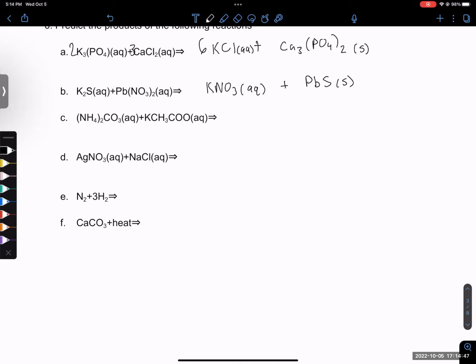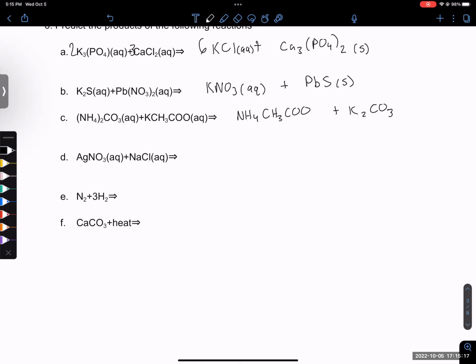Because the acetate is always soluble, and then... So you're saying these are the products. CH3. So those are the products, right?